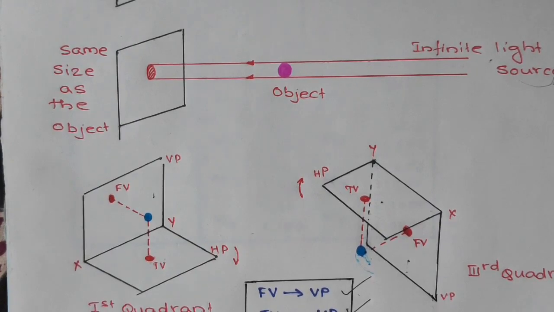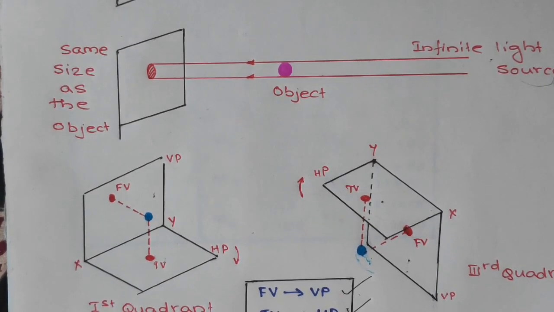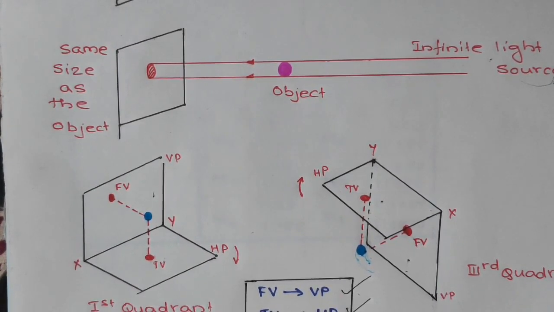So to summarize what we have done in today's class, we discussed the scale. The scale is defined as the ratio of the drawing length of the object to the actual length of the object. This ratio is called the representative fraction or representative ratio or indicative ratio or indicative fraction.